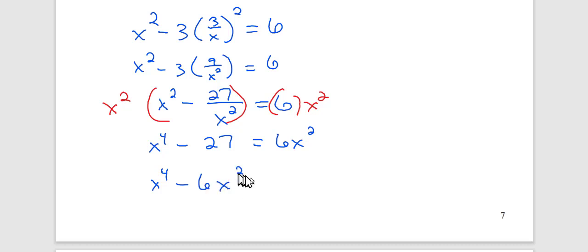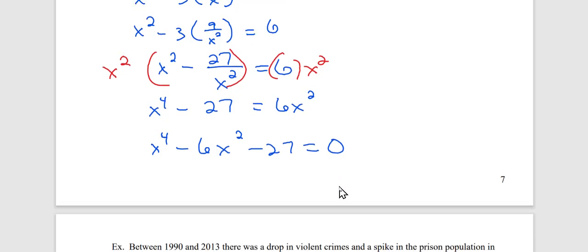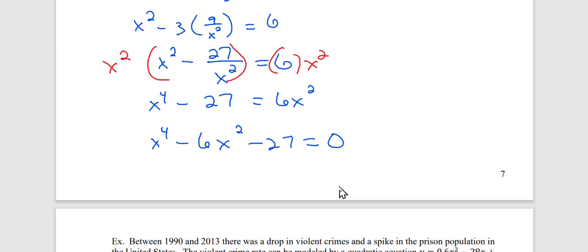I really like having equations equal to 0 if possible. Not always required, but sometimes very helpful. So I am going to move that 6x squared over. This is an equation of the quadratic type, where because I have x to the 4th and x squared, I'm thinking this is going to factor, hopefully into x squared and x squared.